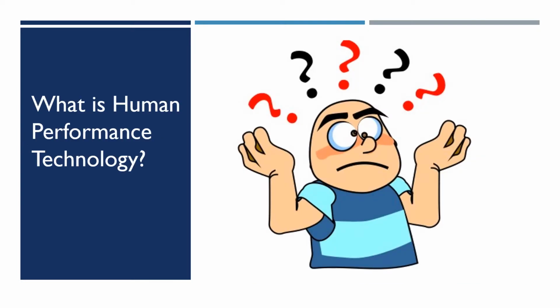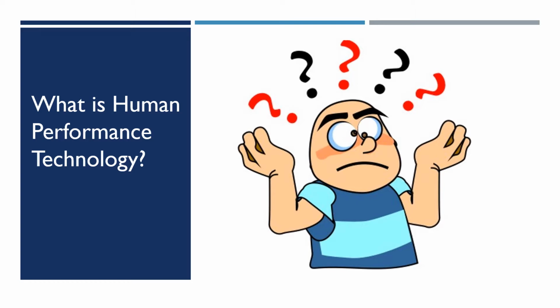One may ask, what is human performance technology? Kang and Molender 2018 stated that there are various definitions of human performance technology. International Society for Performance Improvement 2013 defines HPT as a systematic approach to improving productivity and competence by using a set of methods, procedures, and strategies for solving identified problems during the analysis phase of its model.